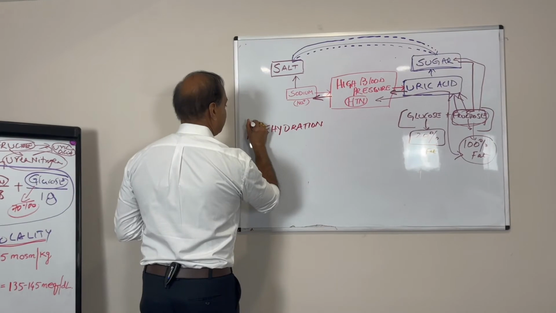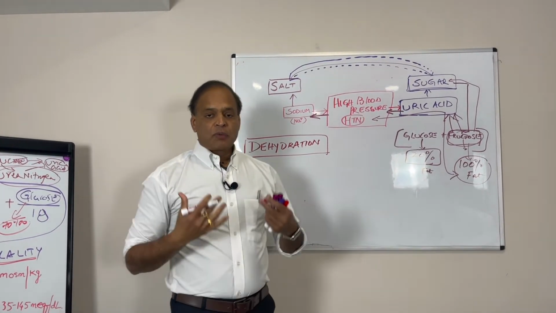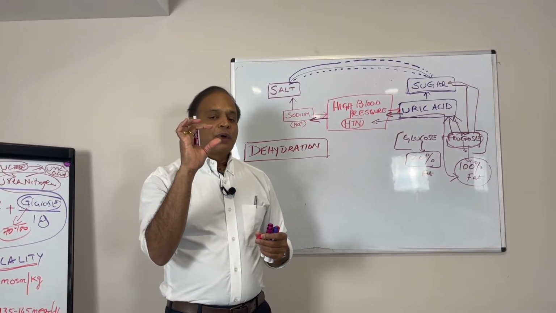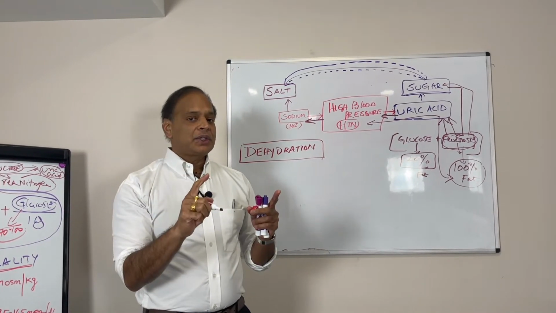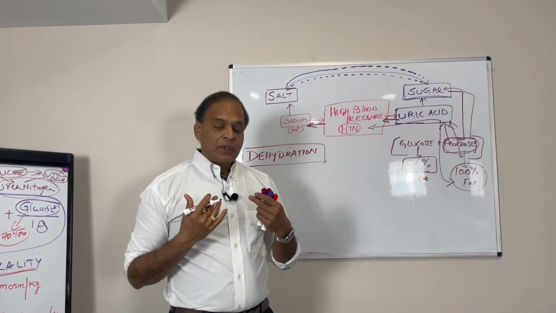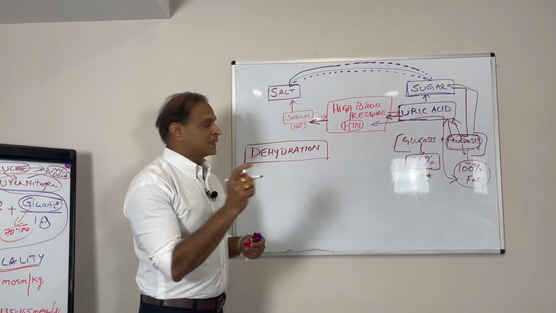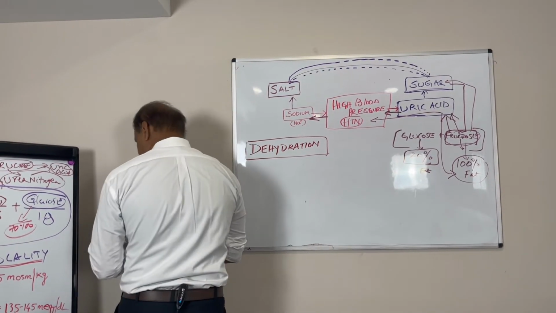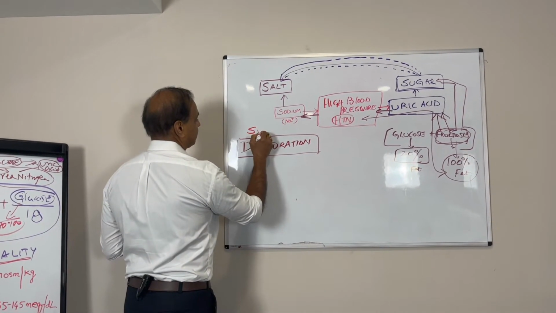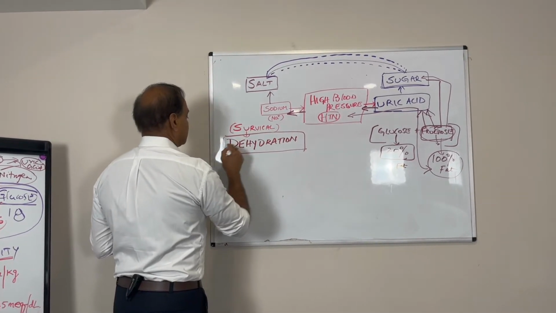Imagine when somebody is dehydrated, that means there is less water. Water is gone out of our body and then the blood becomes concentrated. Whenever there is a dehydration signal in the body, when you are vomiting, when you have diarrhea, when you don't drink enough water, it triggers a survival signal. So dehydration is a very big survival signal. This is important. This is the first one.